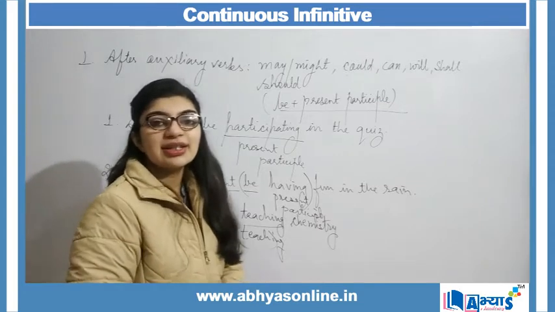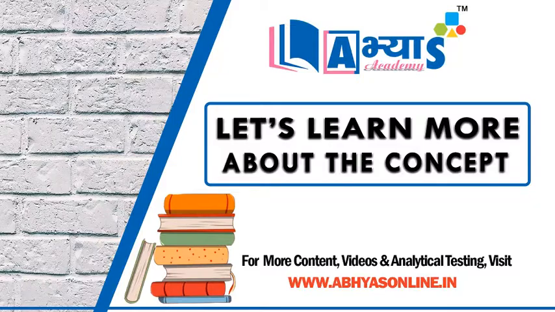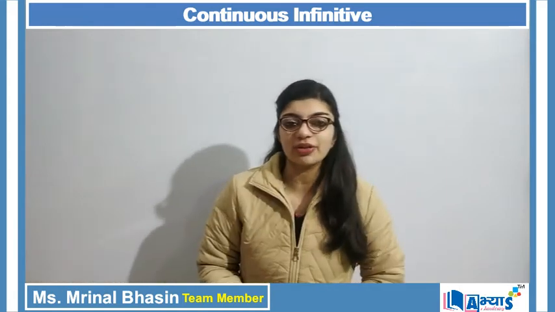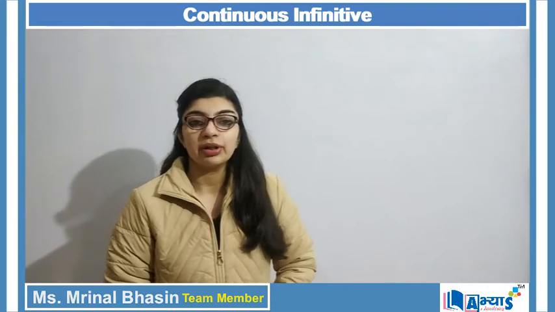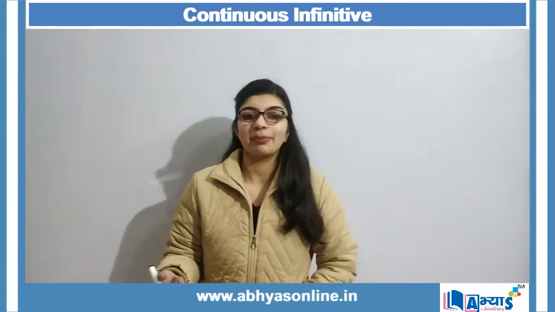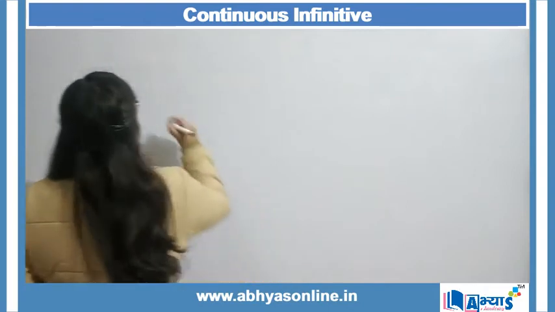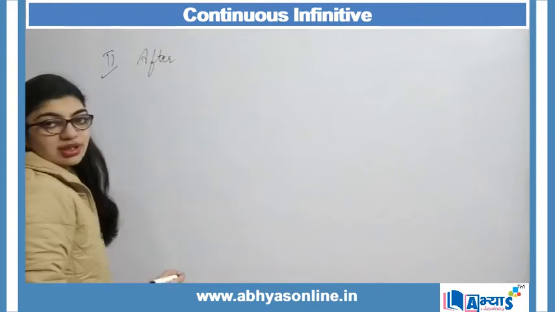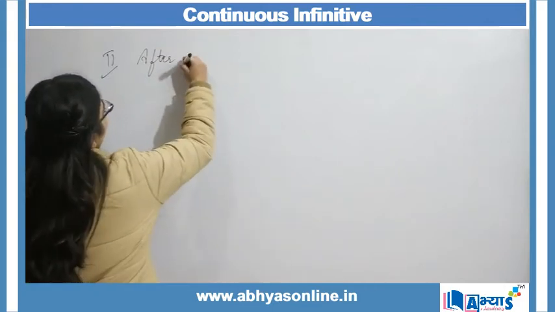Now let us understand the second application. First I said that we make use of continuous infinitives after auxiliary verbs, but there are certain verbs like appear, seem, happen, pretend. With these verbs we make use of continuous infinitive, that is again to be plus the present participle. So the second application says that we make use of continuous infinitives after verbs.